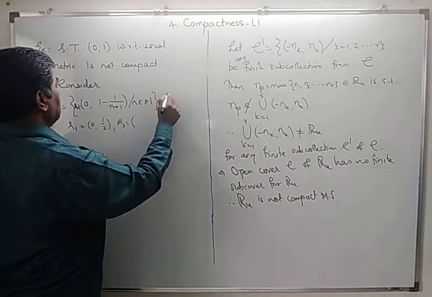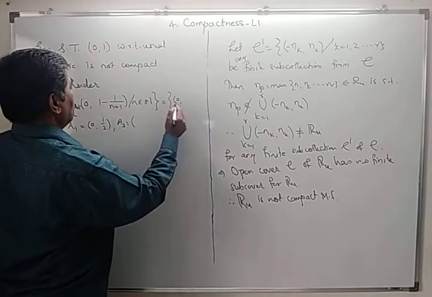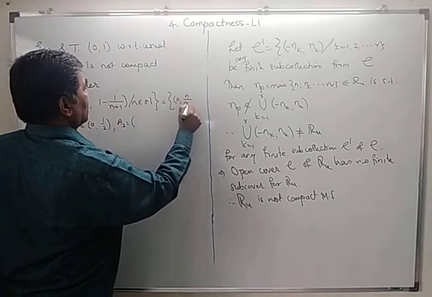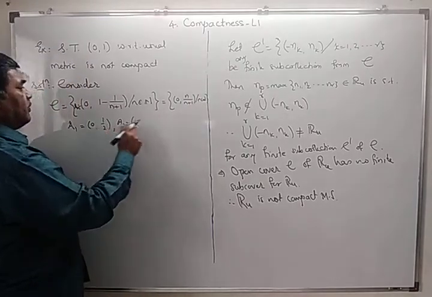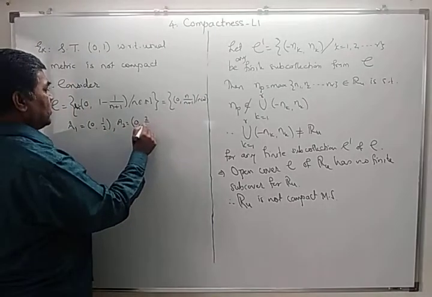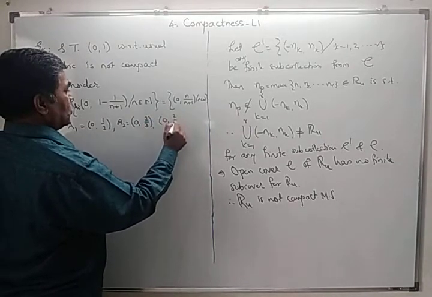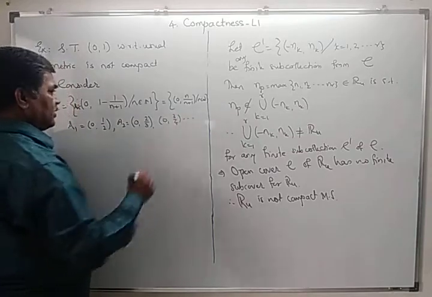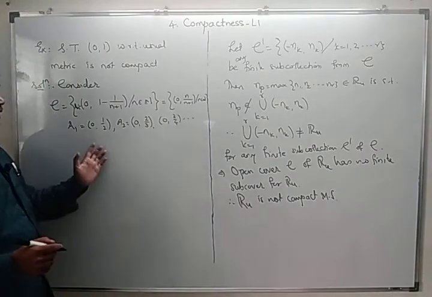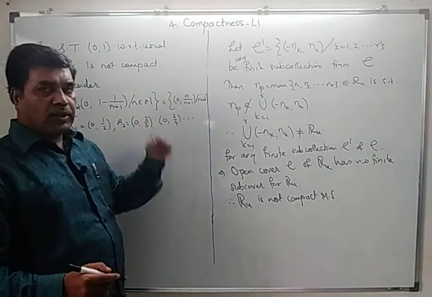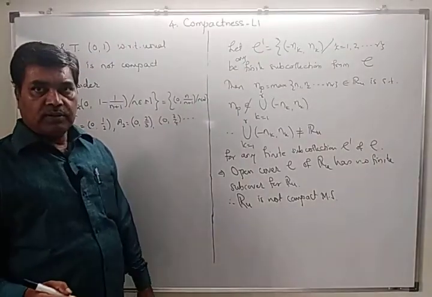This is nothing but (0, n plus 1 minus 1), that is n upon n plus 1, n belongs to N. So we'll get (0, 1/2), then (0, 2/3), then (0, 3/4), and these values go on increasing. As n tends to infinity, n upon n plus 1 approaches 1. Is it right?